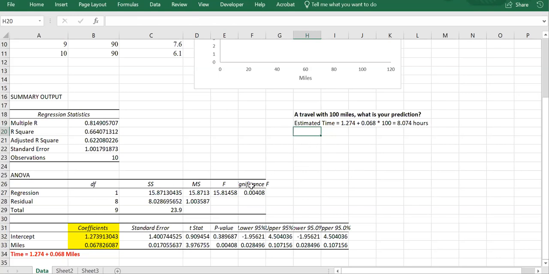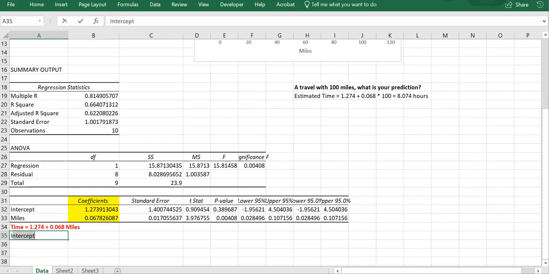But another part of this interpretation is understanding the meaning of the coefficients. So what is the meaning of the intercept? The y-intercept is actually B0 in our equation.